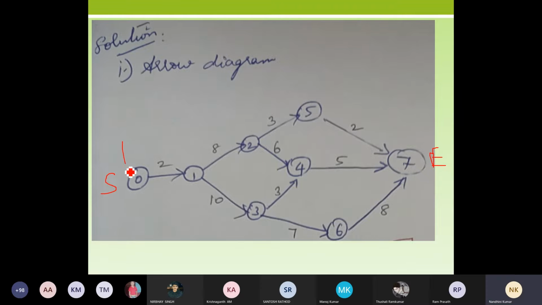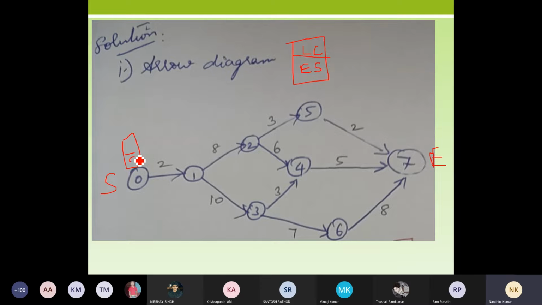You can draw the box. I am going to mention my bottom box as ES. This is my ES, that is the early start, and the top I'm going to mention as my latest completion. So can you start calculating?